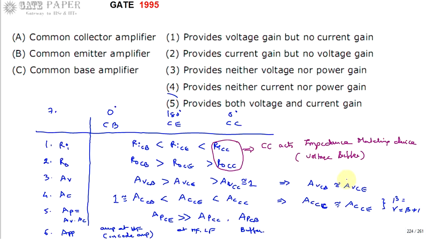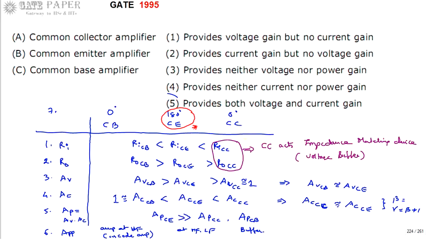That is the reason why common emitter is much preferred amplifier, because of moderate input impedance and output impedance and high voltage gain and current gain, which give very high power gain.